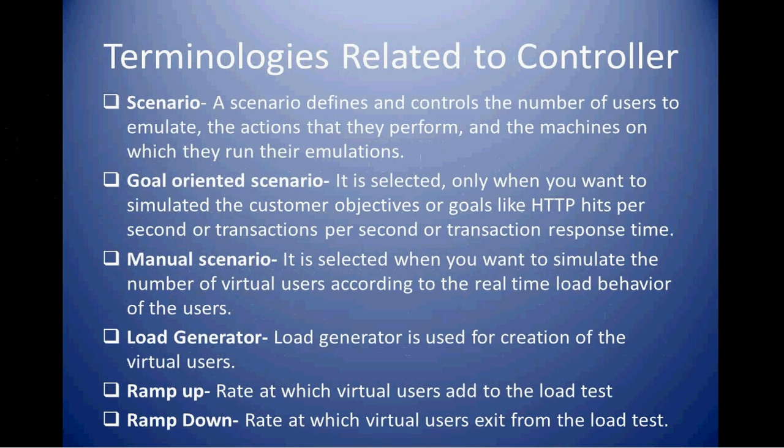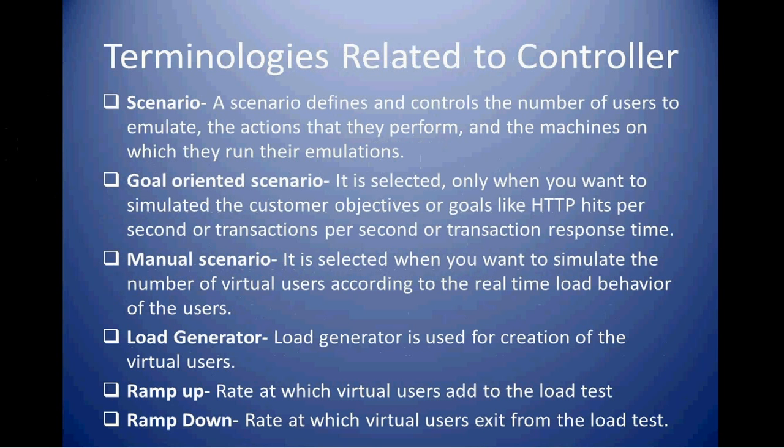Manual scenario can be built by creating groups and specifying the script, load generators and number of users included in each group. There is always a question that comes to our mind after knowing the two scenarios: how to decide which scenario to use.